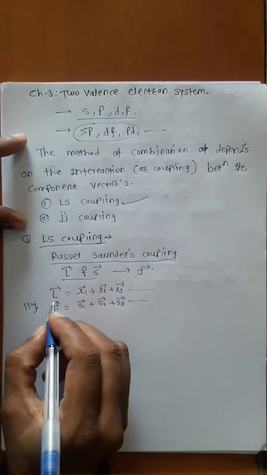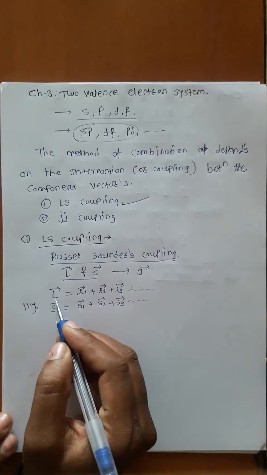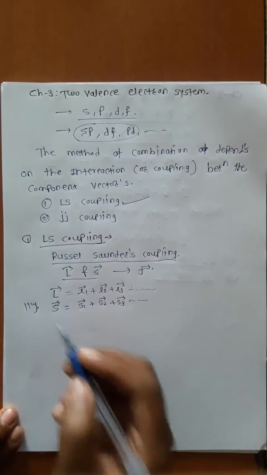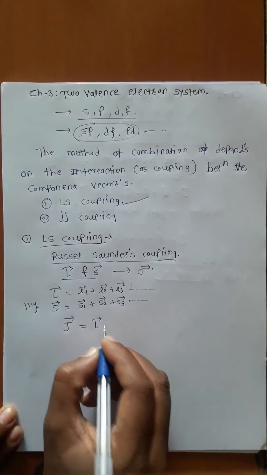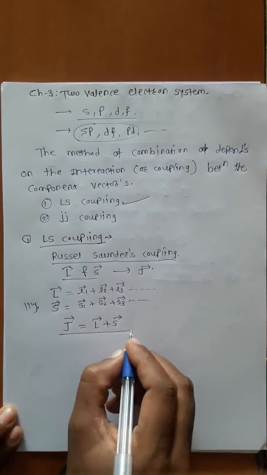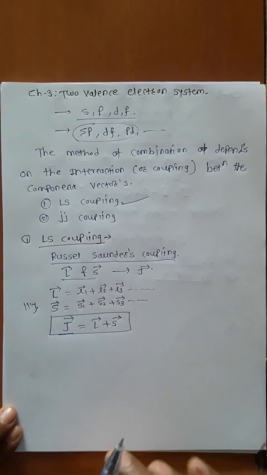Then, according to Russell-Saunders coupling, we combine these two vectors, L bar plus S bar, and we get the total angular momentum J bar.